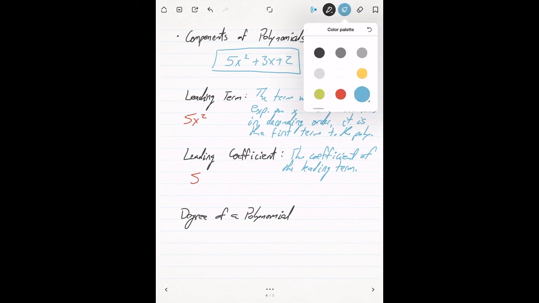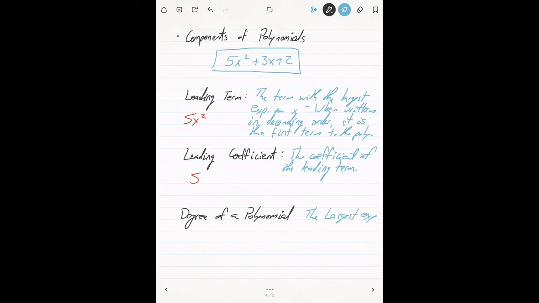Now the degree of the polynomial, this is a very important vocab term to get down and to remember. It's not as intuitive as the others, but the degree of the polynomial is the largest exponent on x.